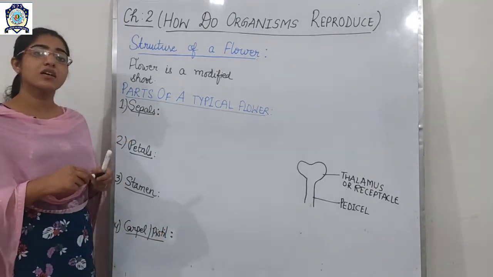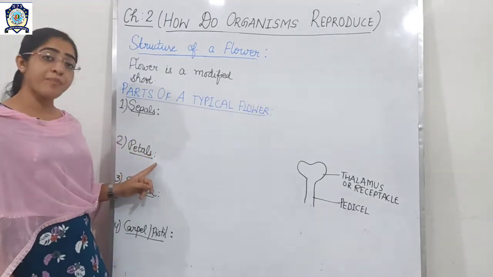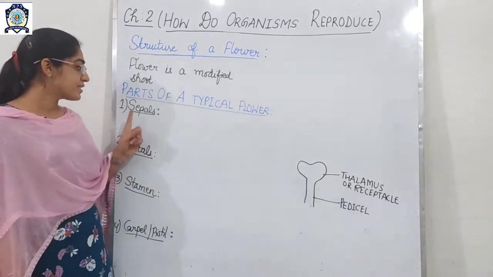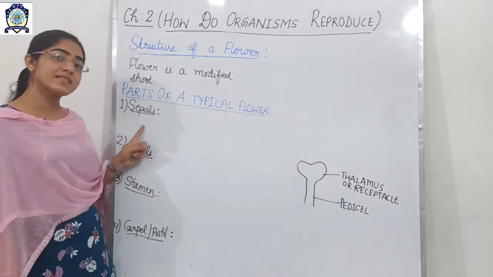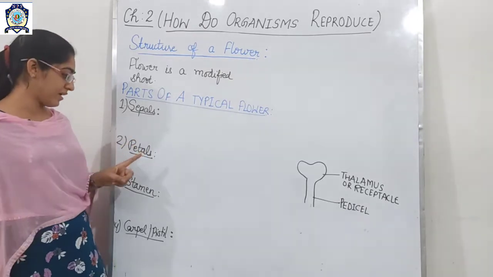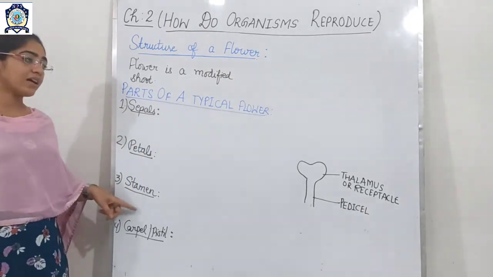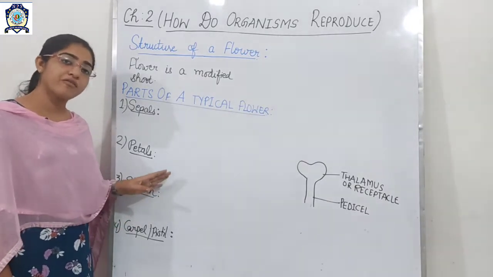So these are the four main parts of a flower: sepals, petals, stamens and carpels. Sepals and petals are called the accessory parts of a flower, while stamen and carpel are called the reproductive parts of a flower.